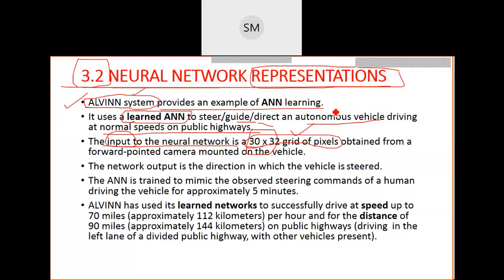And from where do we get these pixels? We obtain these pixels from a forward pointing camera mounted on our vehicle, on the top of our vehicle or inside of our vehicle.